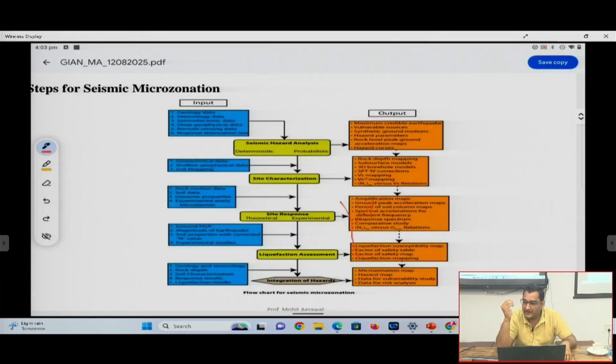Using that blow count value, you are going to estimate empirically the value of shear wave velocity. Okay, so you may find out SPT blow count corrections. You may do the shear wave velocity mapping, or the VS30 mapping, or the standard SPT blow count values.